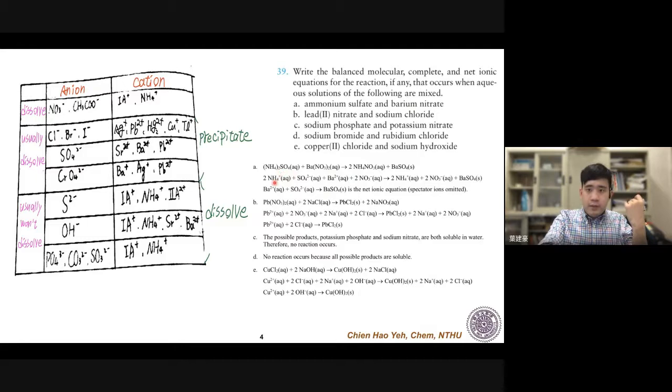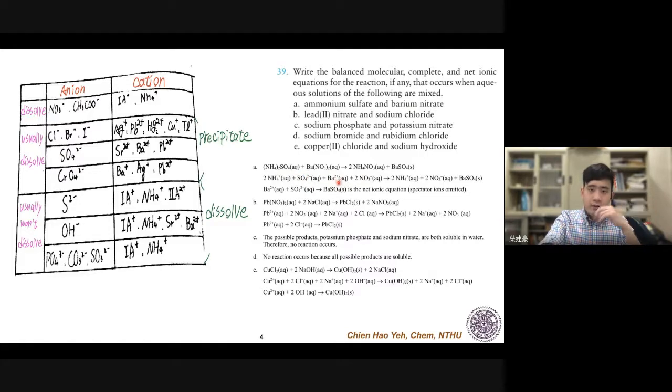So basically, in the complete equation, we can see over here that all of the cations and anions can dissolve in water. And secondly, we want to see whether any precipitation can happen. So over here, we see the sulfate ion and the barium ion.